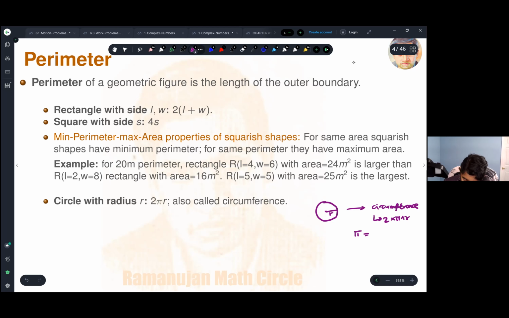Pi is approximately 3.14159, and so on and so forth. So a circle with a radius r has a circumference, or a perimeter. The circumference is the perimeter of a circle. So that is 2 pi r.